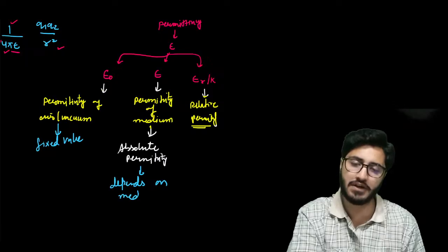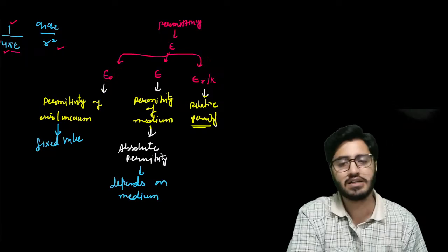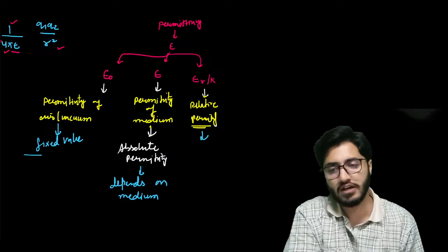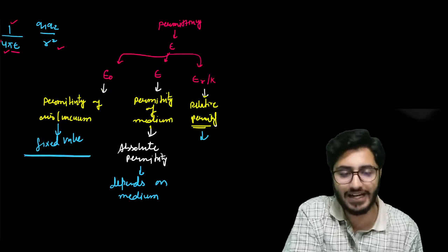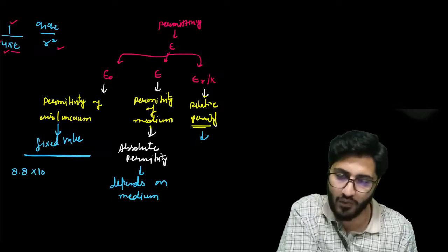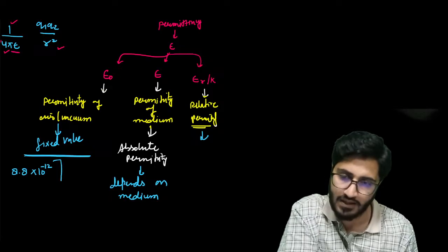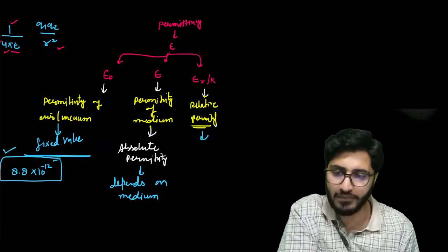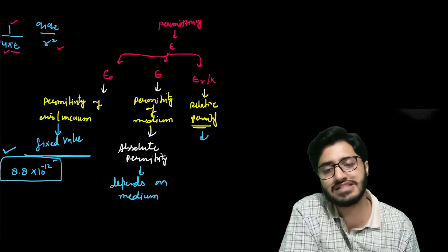The fixed value of epsilon naught is 8.8 times 10 to the power minus 12. This is the permittivity of vacuum.